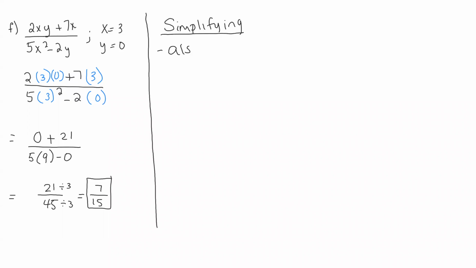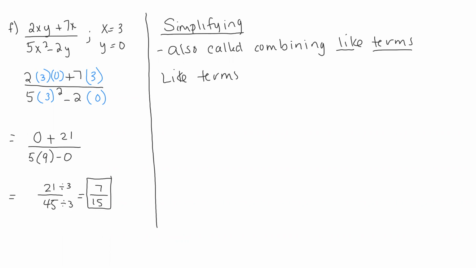This is also called combining like terms. So the first thing we have to investigate is, what are like terms? Like terms are terms that have matching variable parts.